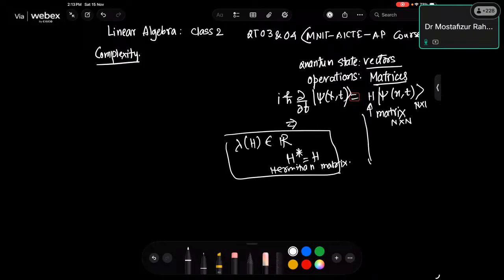Now this is an ordinary differential equation with respect to time.